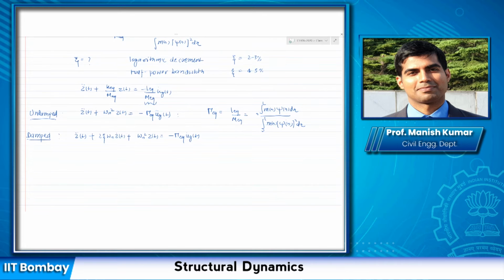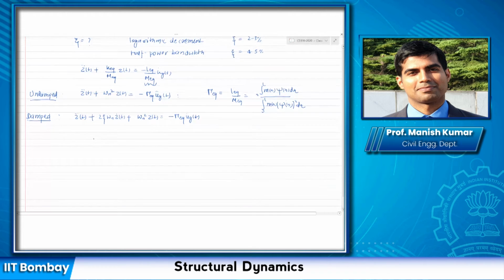Once we find this out, we can find out what is Z(t) here, what is the peak value of Z. And if it is asked to find out peak forces and moment or displacement, we can always find out peak forces. So not t here, just u naught(x) would be phi(x) times whatever the value of Z naught would be. Okay, so that's not a difficult task to do.